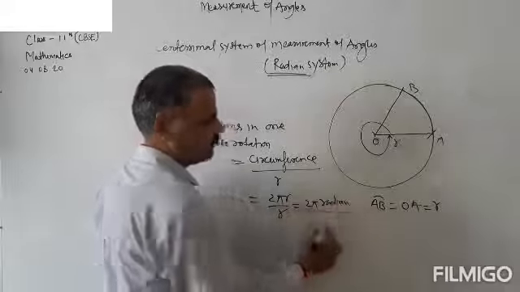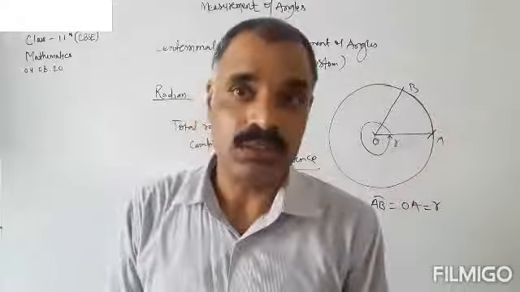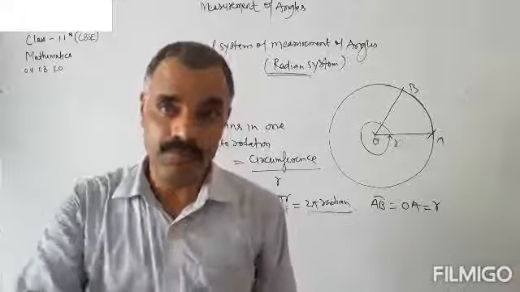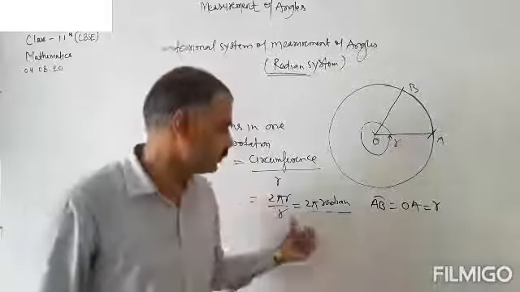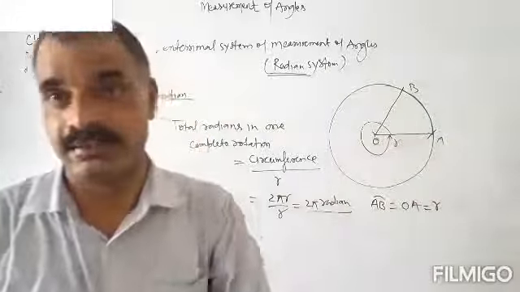So the total angle made in one complete rotation is 2 pi radian.